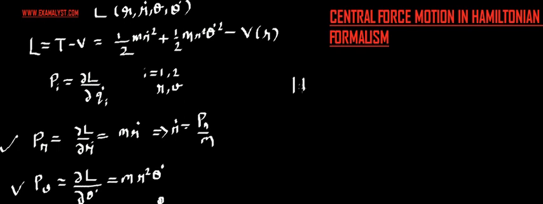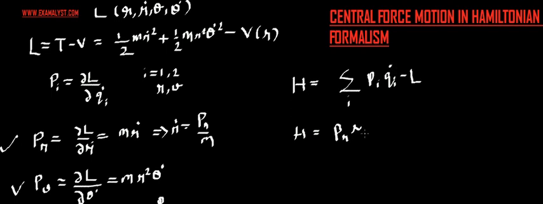Okay, what is the Hamiltonian formulation? The Hamiltonian formulation says H is equal to summation over i of P_i q_i dot minus L. But here i goes from 1 to 2. So what are the results? You have P_r r dot, and then there will be P theta theta dot, minus L. You will see everything turns out to be positive.